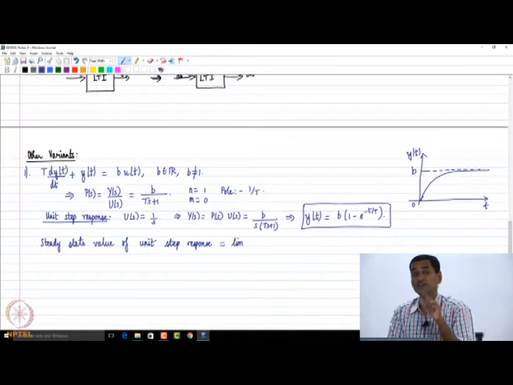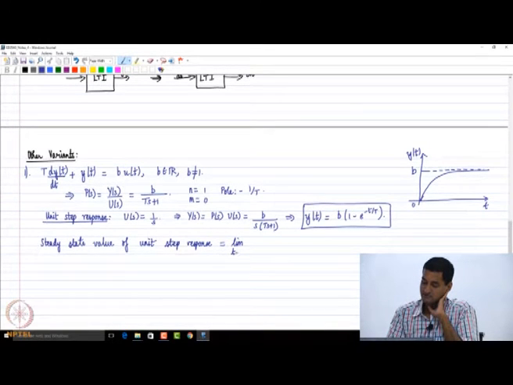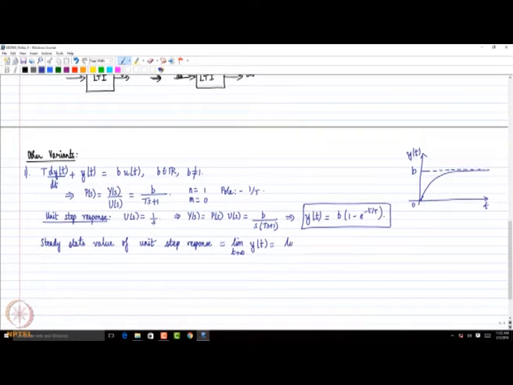Limit t tending to infinity y of t is equal to limit s tending to 0 s times y of s. So this is limit s tending to 0 s times b divided by s times (Ts plus 1). The s and s cancel, and you immediately see that I am going to get b.